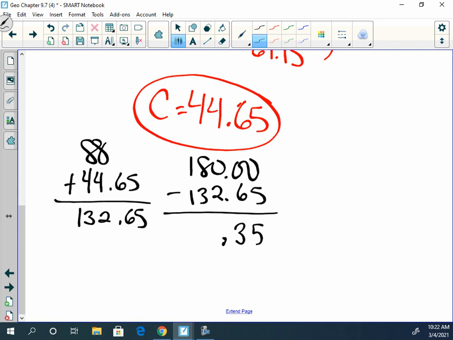Because if I add 5, I get 7. 7 to 3 brings over a 1. Well, this 2 is now a 3, and I'm trying to get it to a 0, so I would add a 7, which would turn this into a 4. And what do I need to add to 4 to get to 8? So 47.35. So it's just going to the next 0 and calculating it up. So our other angle A is 47.35.